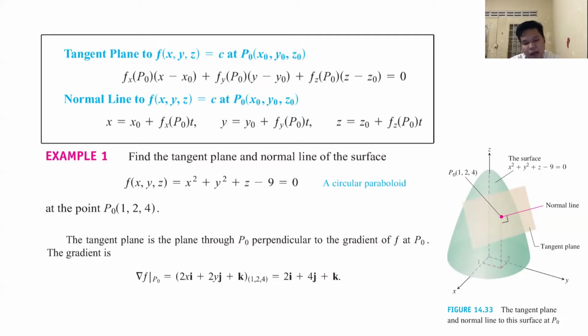Now, to find the tangent plane and normal line of the surface given by f of x, y, z equal to x squared plus y squared plus z minus 9 equal to 0 at the point p sub 0, we find the gradient of f at p sub 0 by taking the derivatives of f of x, y, and z with respect to x, y, and z. And we substitute the coordinates of p sub 0 and we get 2i plus 4j plus k.